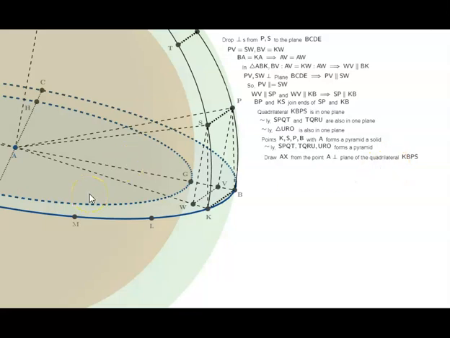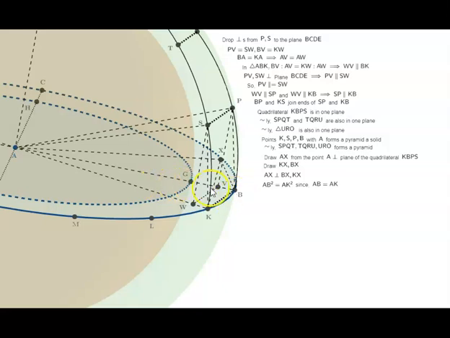So we have AX. And now we join KX and BX. Here, AX is perpendicular to both BX and KX. Why? Because AX is perpendicular to the plane and BX and KX lie in the plane and meet at X.